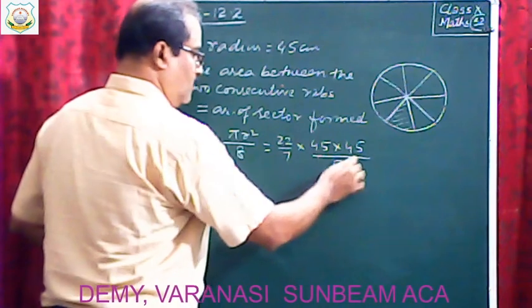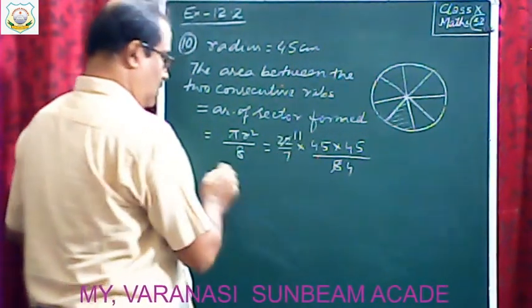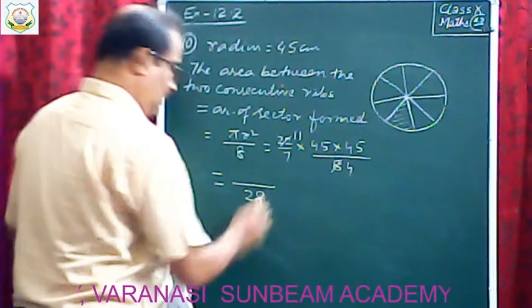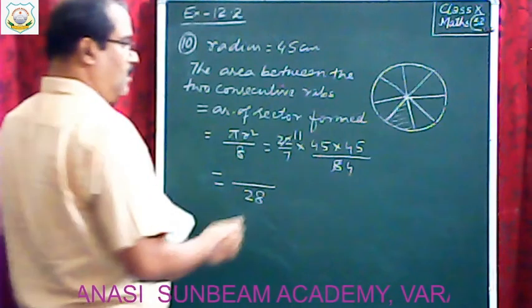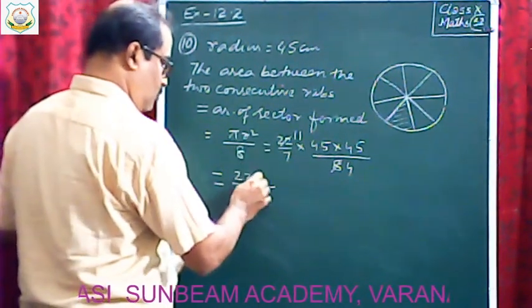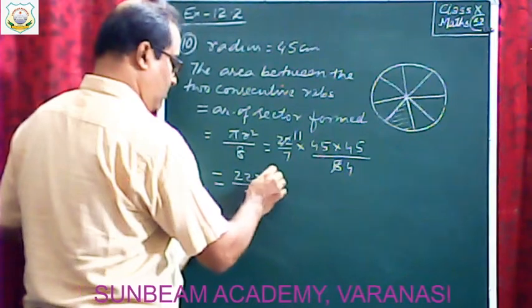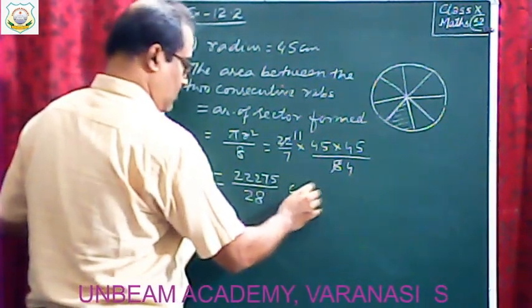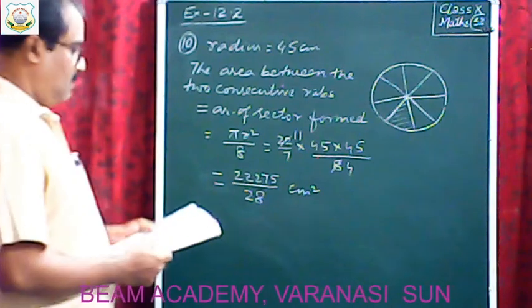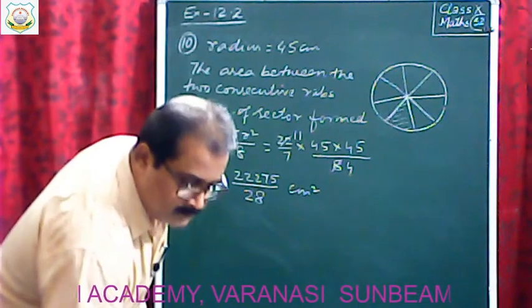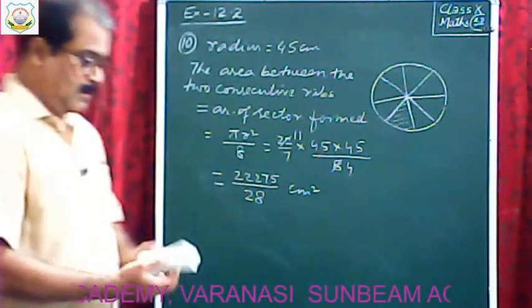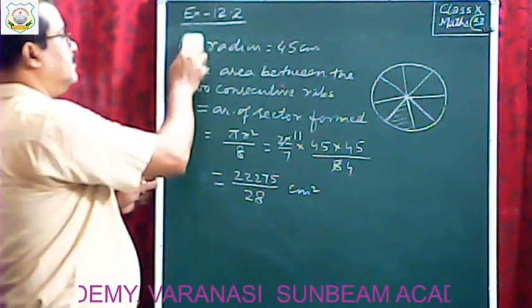Finally, 22275 by 28 centimeters square. So simple. Okay, come to next. Question number 11.